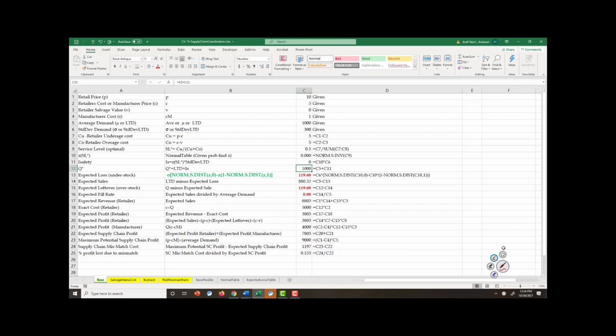The demand has an average of 1,000, and we also have ordered 1,000. How much do we sell in long term after many periods? Demand has an average of 1,000 with the standard deviation of 300, and we have 1,000 units.